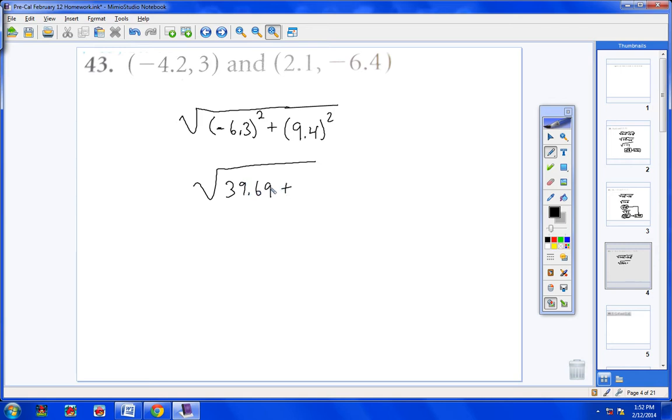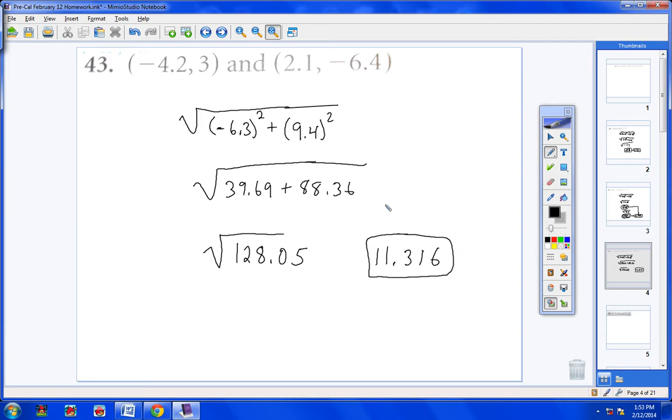And when you square 9.4, you come up with 88.36. Now if you add those 2 numbers together, you will come up with the square root of 128.05, and then we're going to take the square root of that, and you will come up with 11.316. All right, that's number 43.